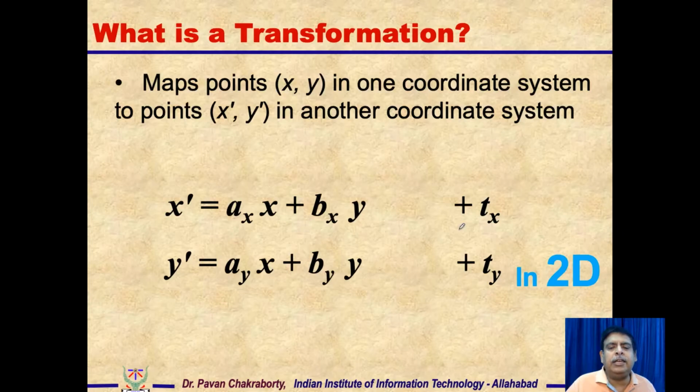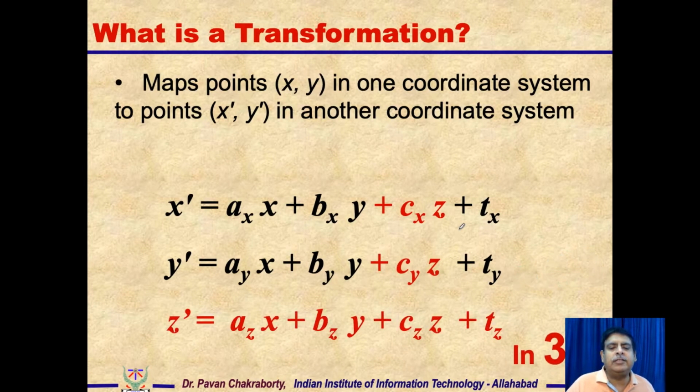The same equations in three dimensions have a third equation added, and the main structure of the equations remains the same, but c_x z, c_y z, and c_z z are added. We see that there is a constant t_x, t_y, and t_z added to these equations. This is responsible for the translational transformation of the object.